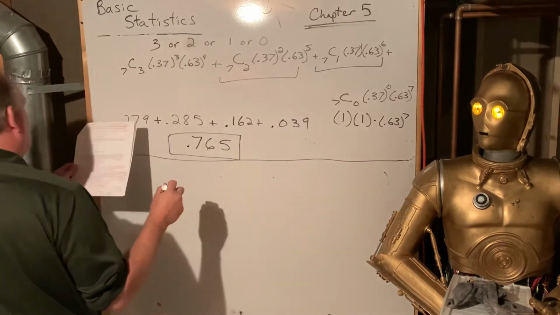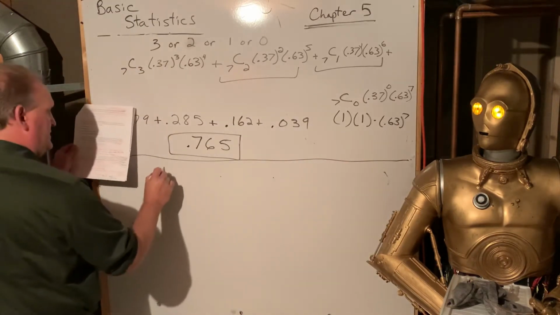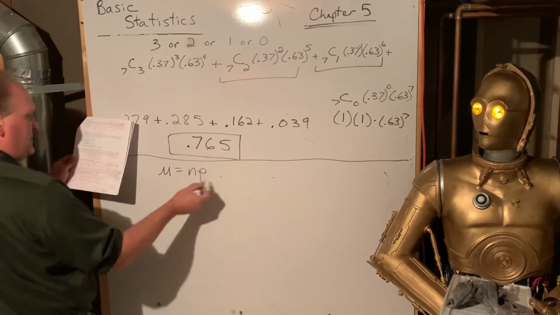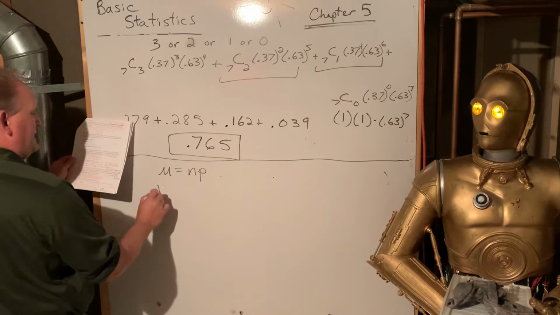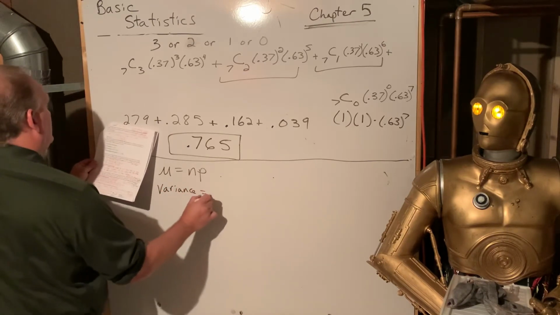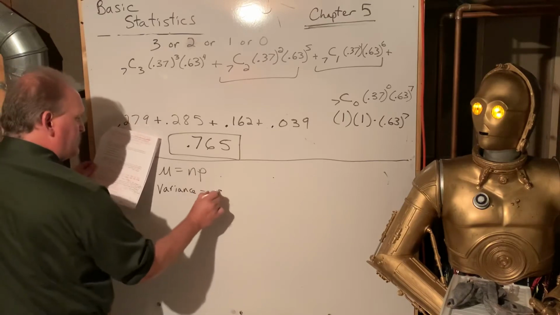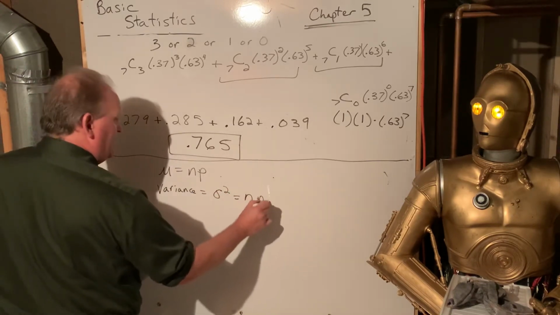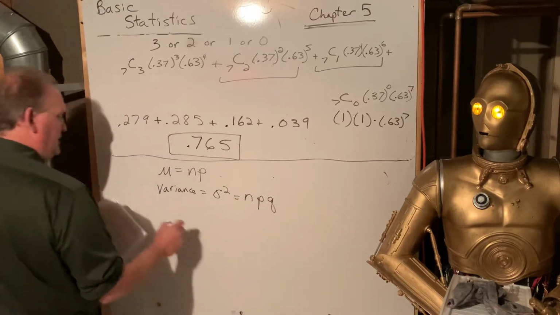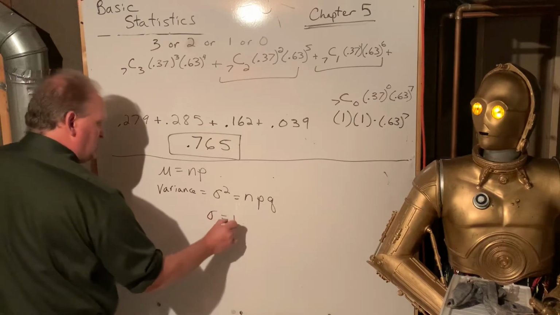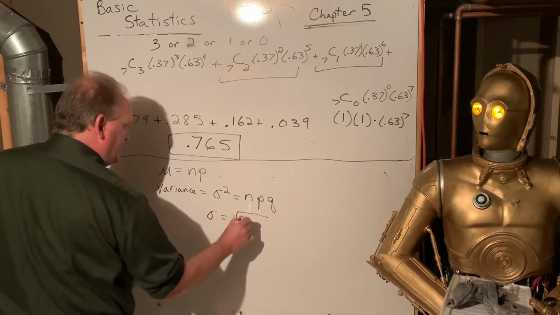All right, so the mean is just n times p, the number times the probability. The variance is, remember, sigma squared. That is n times p times q. And then that means the standard deviation is just the square root of n times p times q.